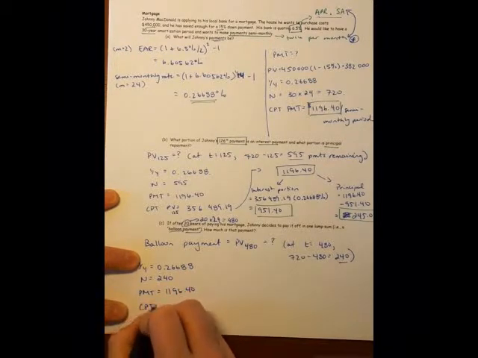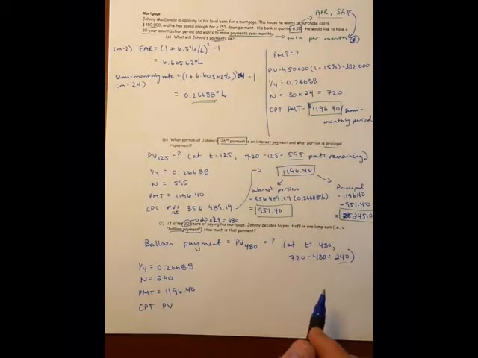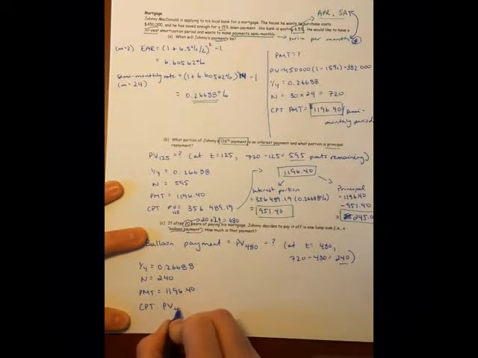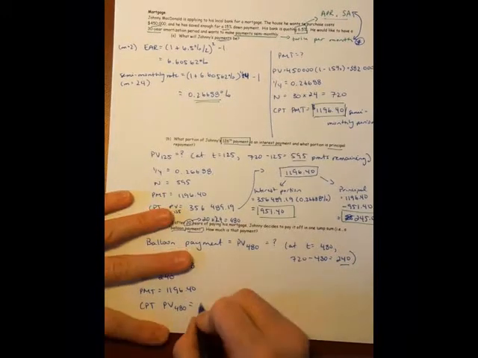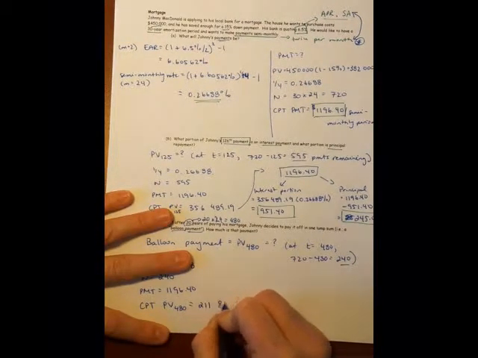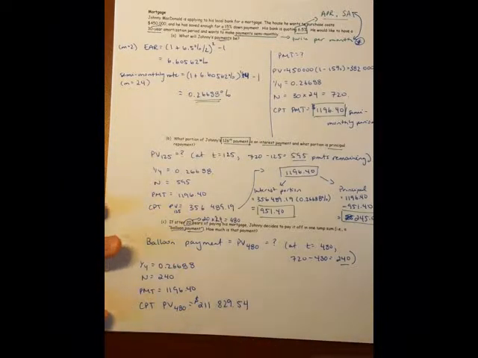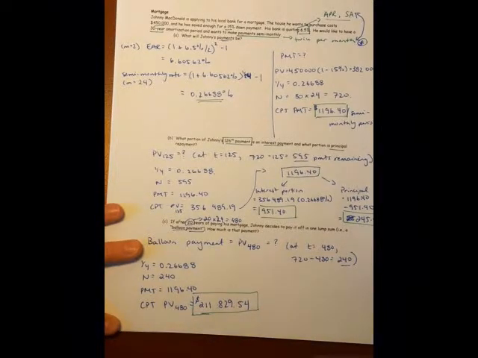And we're going to solve for the present value of the loan at 480 because that's going to tell us what we have to pay off the entire loan. So the present value of the loan at 480 is going to be $211,829.54. So we have to write a pretty big check in order to pay off the loan in full after 20 years.